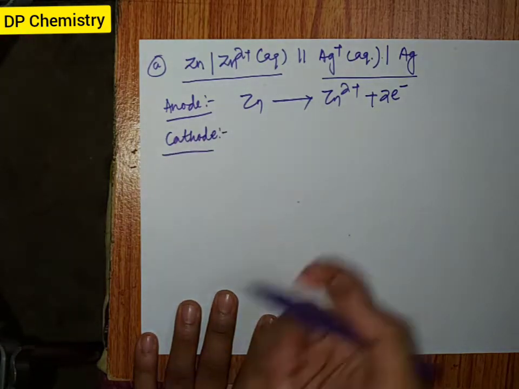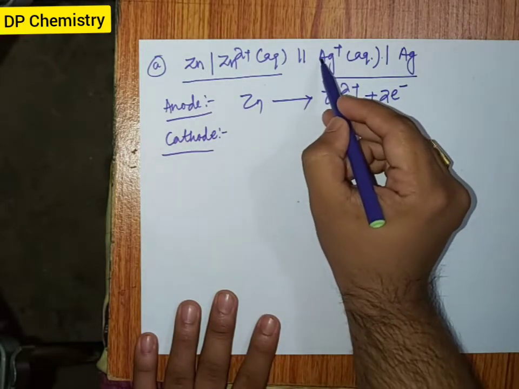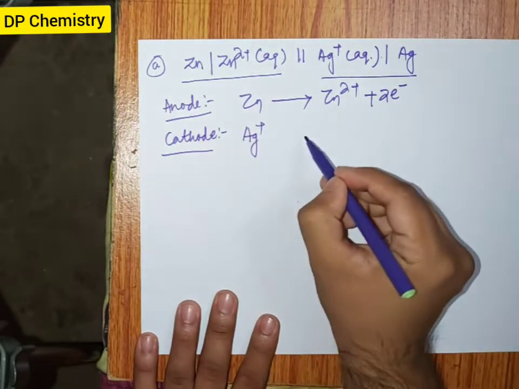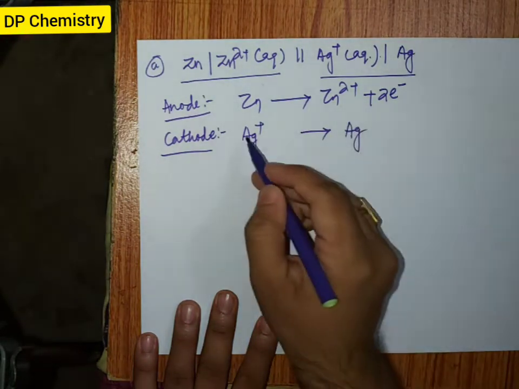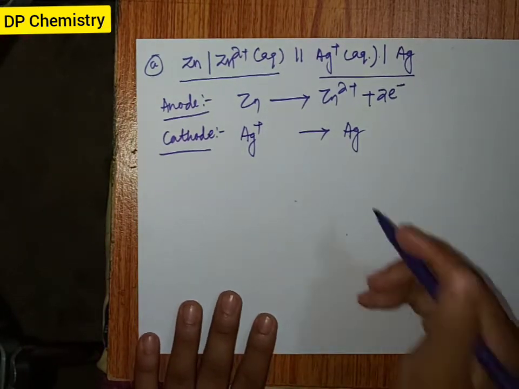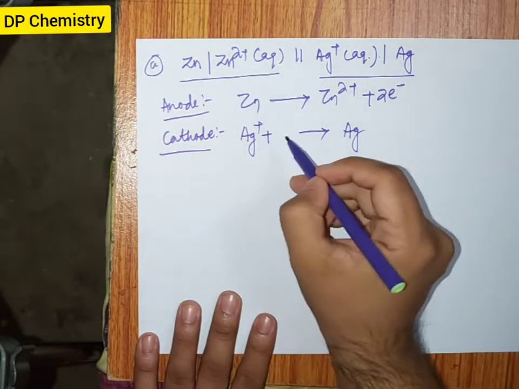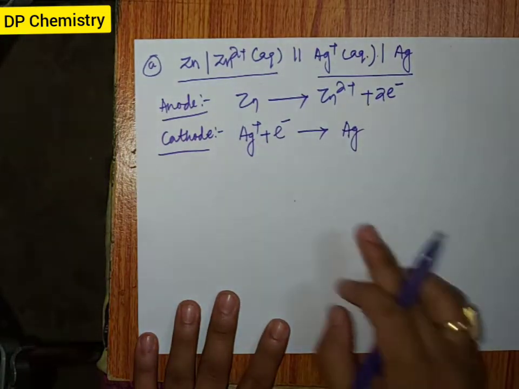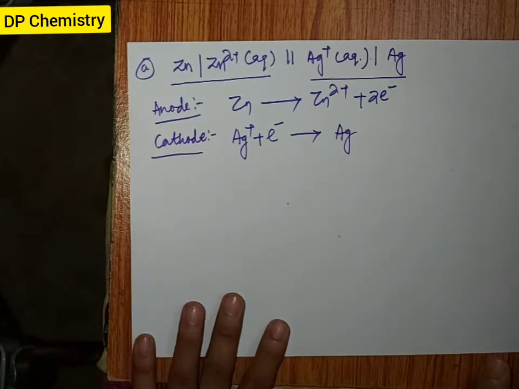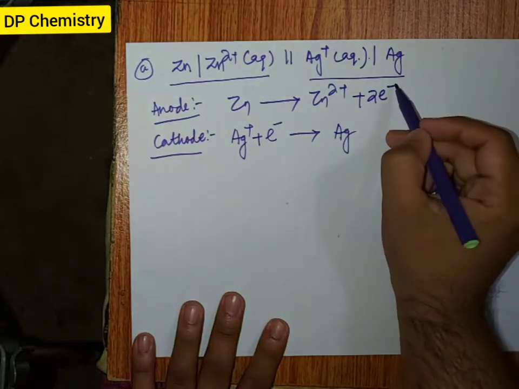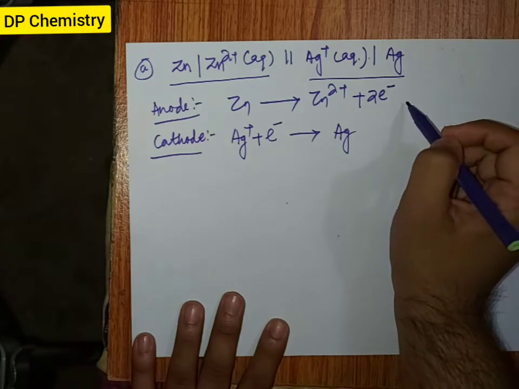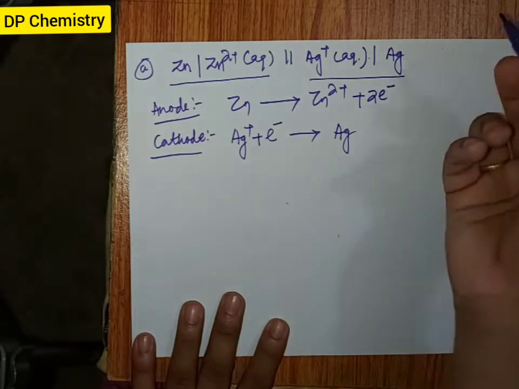In the cathode, Ag plus goes to Ag. I first write it simply as Ag plus gives Ag. To balance the equation, when Ag plus gains one electron, it gives Ag. Now look at the anode reaction, where two electrons are produced, so you have to consume all the two electrons.